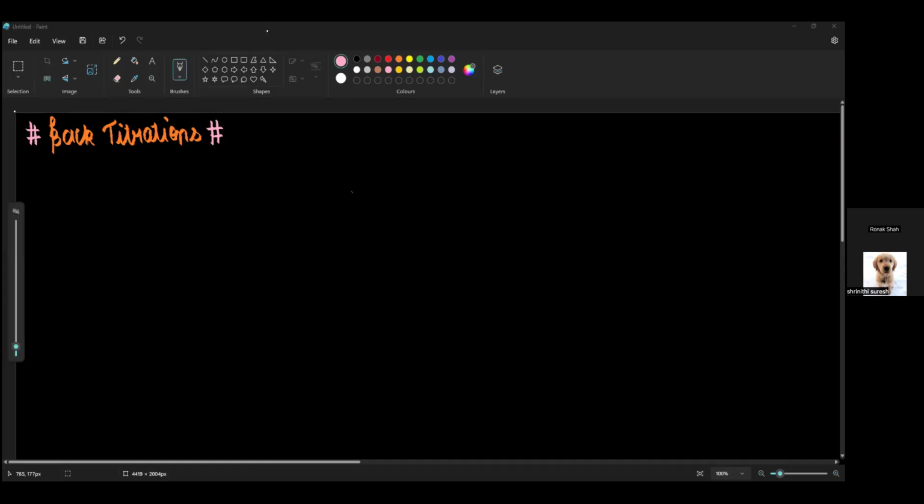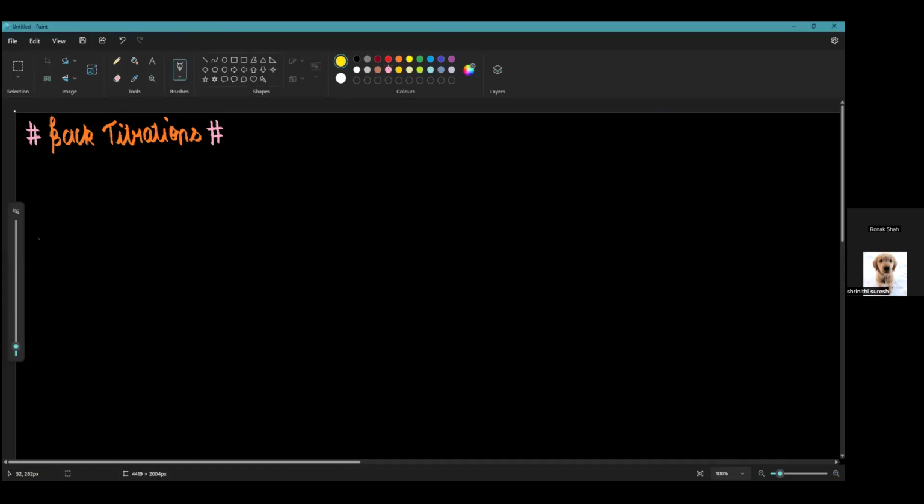So, back titrations. Let's first understand the concept. Suppose there is some compound Z, and it is treated with compound Y, and from here you are going to get some product P1.